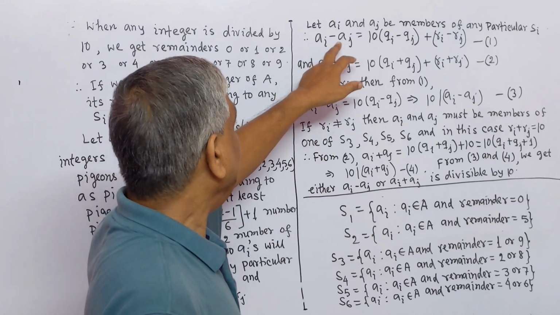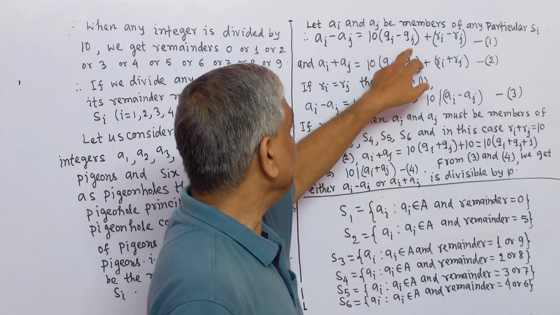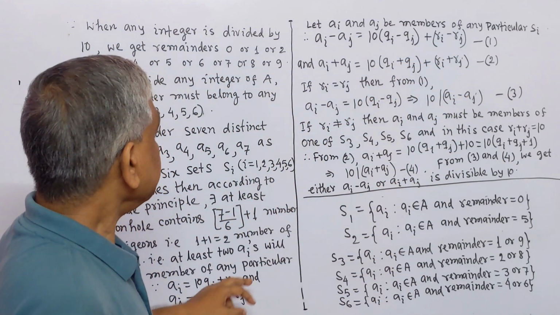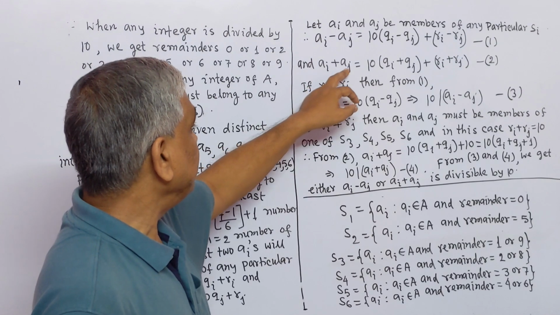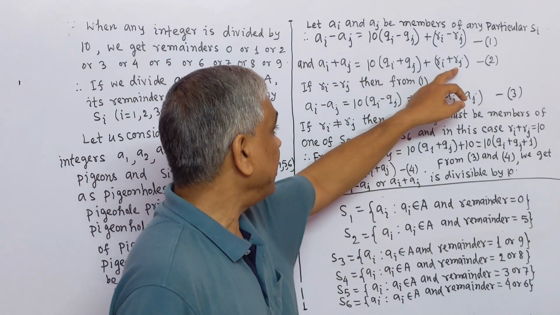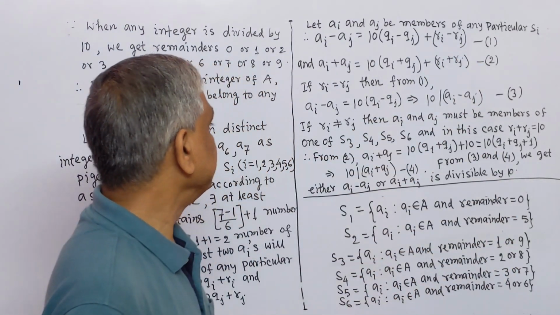Now ai minus aj equals 10 multiplied by (qi minus qj) plus (ri minus rj), and ai plus aj equals 10 (qi plus qj) plus (ri plus rj). This is number 1, this is number 2.